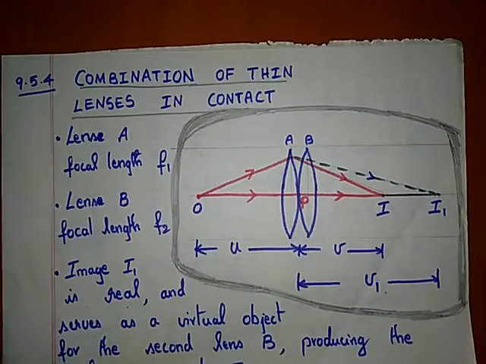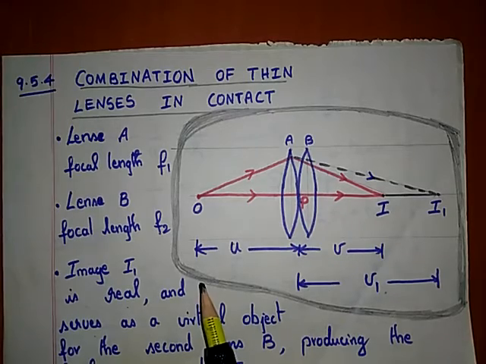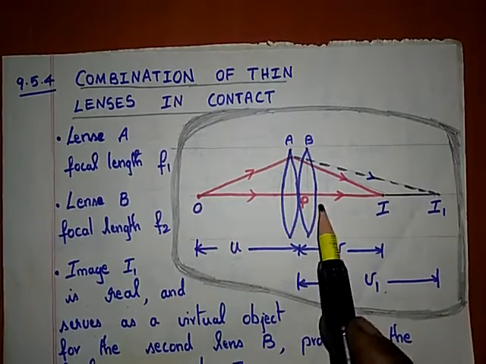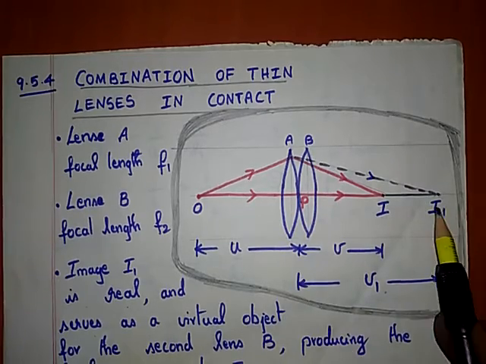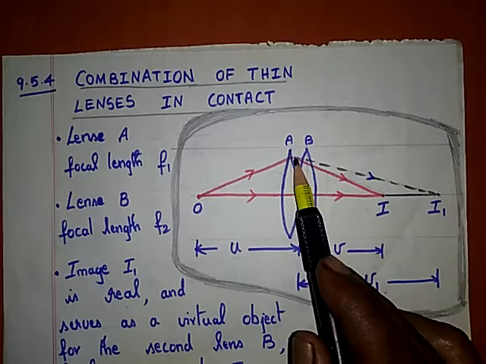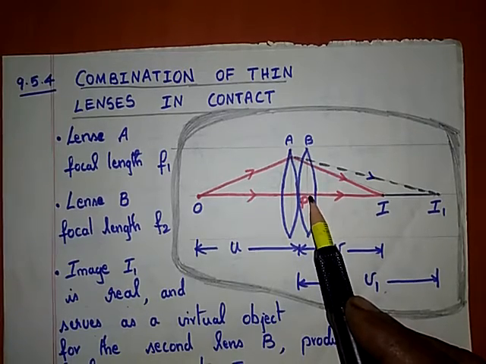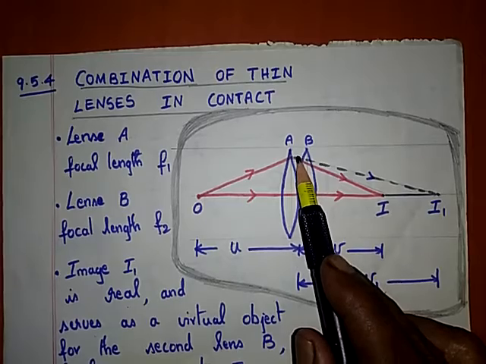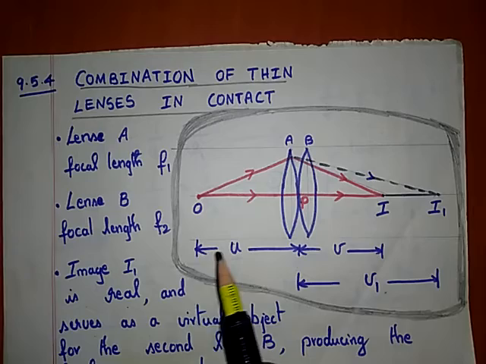The key points we have to remember is we have taken two lenses. This is object. If lens B is not there, the image would have formed here. This image is the source for the lens B. Therefore, this source can be treated as a virtual object and the final image falls here.